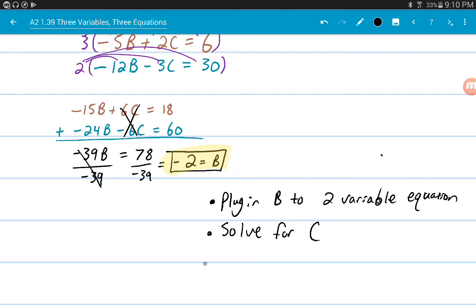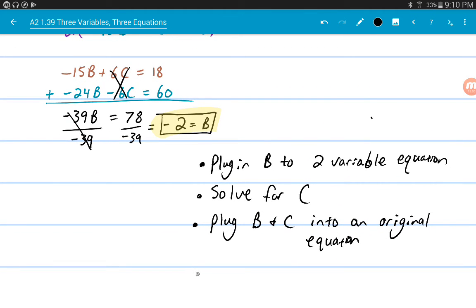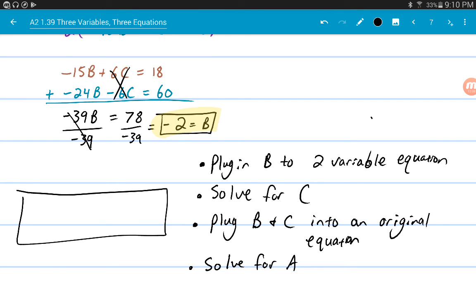Solve for c. Plug b and c into an original equation, meaning one of the ones from the start. Solve for a. And then you already know how you're supposed to write your answer.